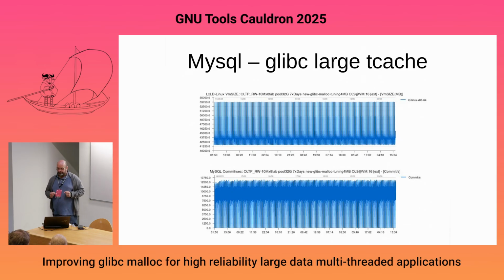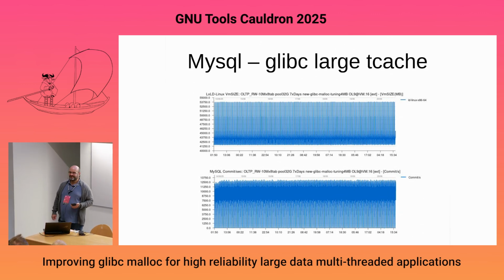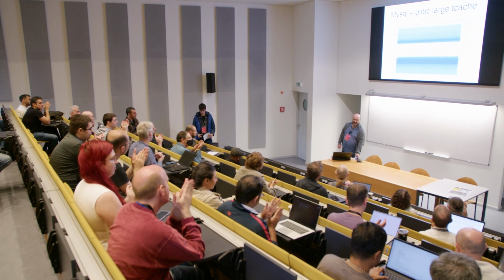We should try to go to the next level of allocators and bring glibc to a level which can compete with all the other allocators, and I think it's feasible. And yeah, then I think it's done. Thank you. Questions?